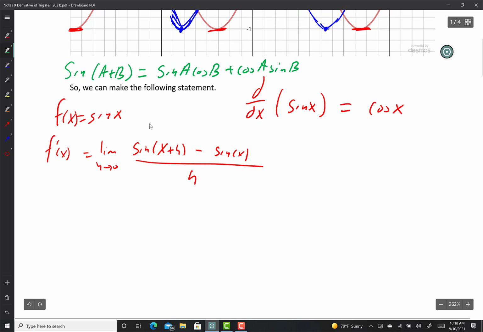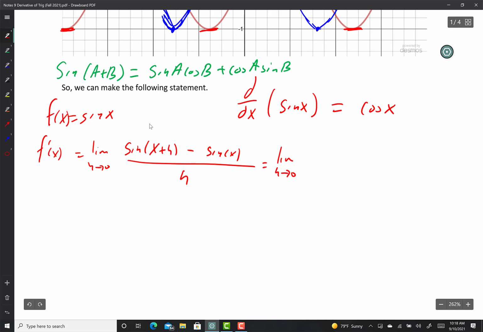So, following that rule, I'm just going to plug in, guys. I'm going to write limit as h approaches 0, sine x cosine h plus cosine x sine h minus sine x all over h.